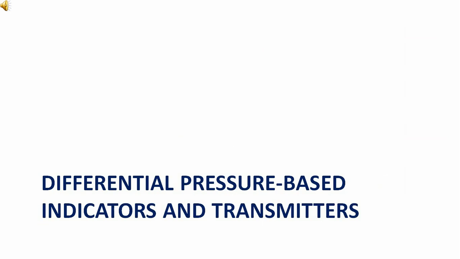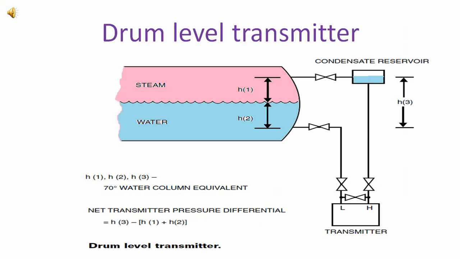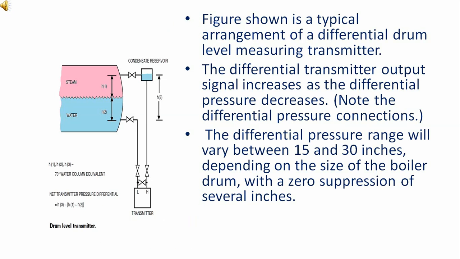Now we are going to discuss differential pressure based indicators and transmitters. Here we are having a drum level transmitter attached with the boiler drum. Figure shown is a typical arrangement of a differential drum level measuring transmitter.